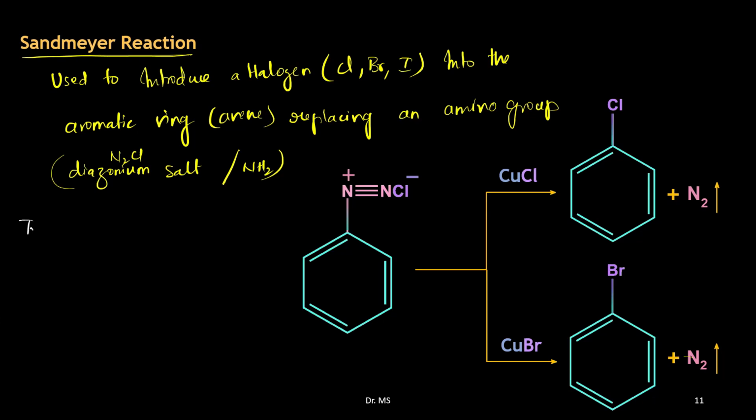So treatment of diazonium salt with cuprous chloride, you are using cuprous chloride in order to get the benzene chloride, or you are using cuprous bromide in order to get the benzene bromide.